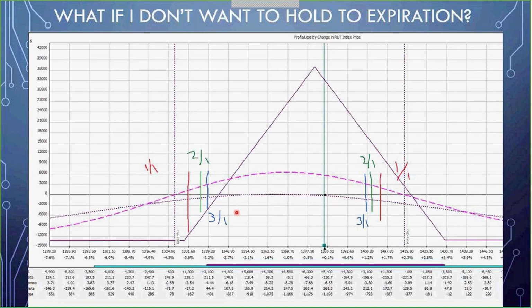Well, say I don't want to do a 1-to-1 ratio. Say we want to do a 2-to-1 ratio because maybe I lose more often than I win. Well, if you want to do that, then you have to not allow this to draw down more than these green lines.